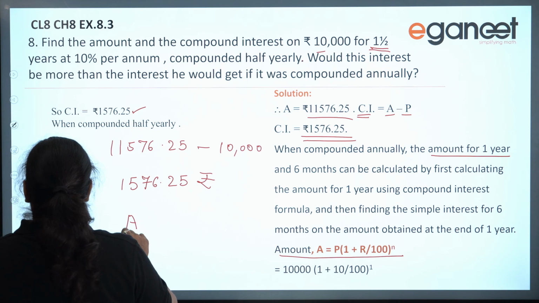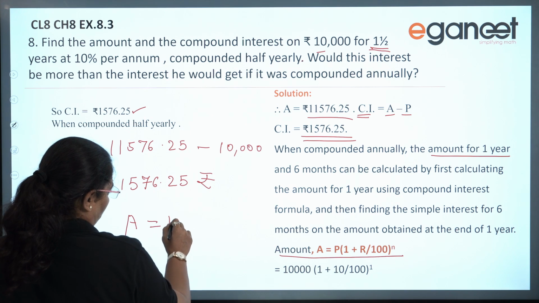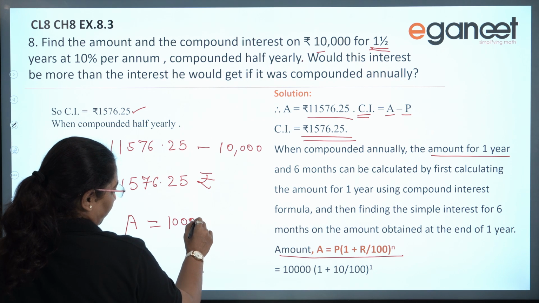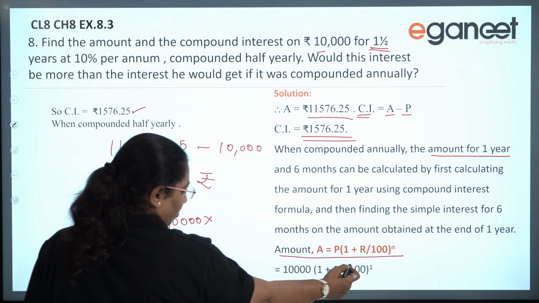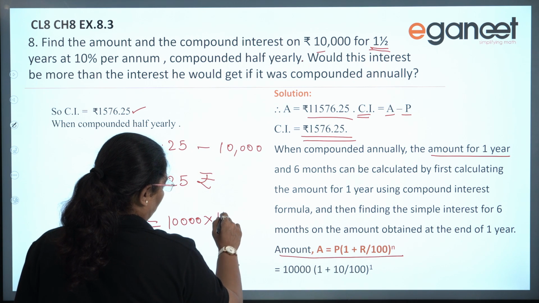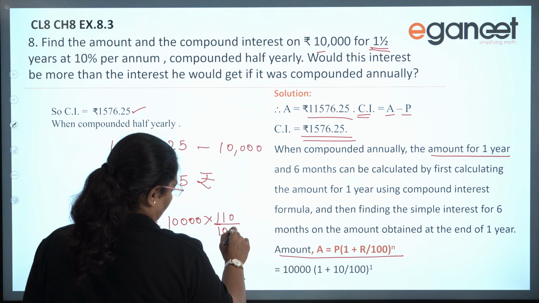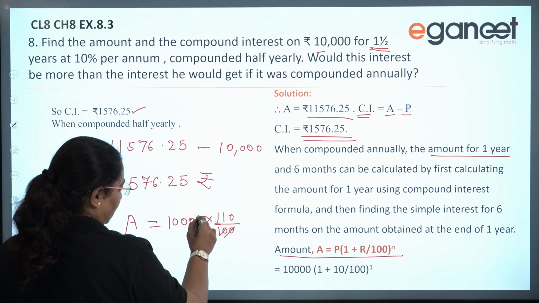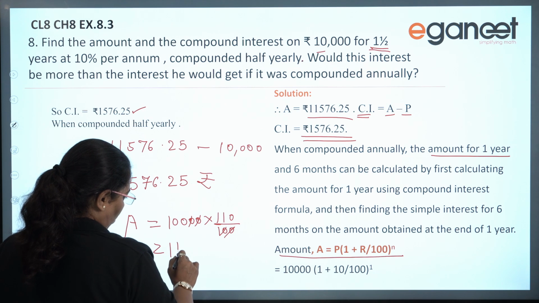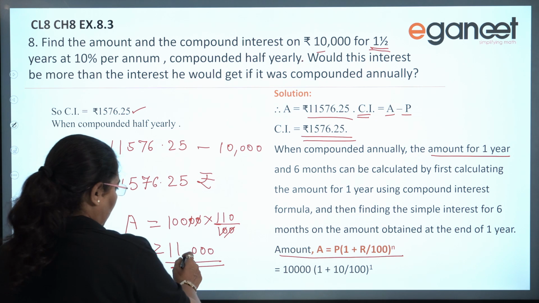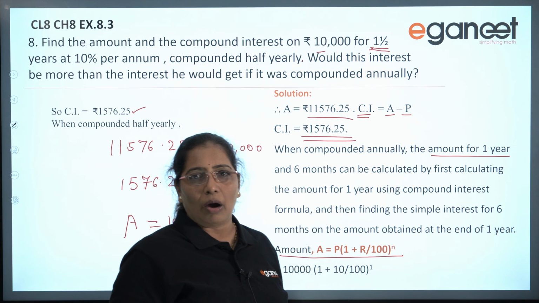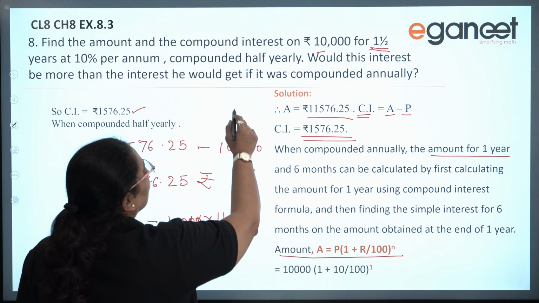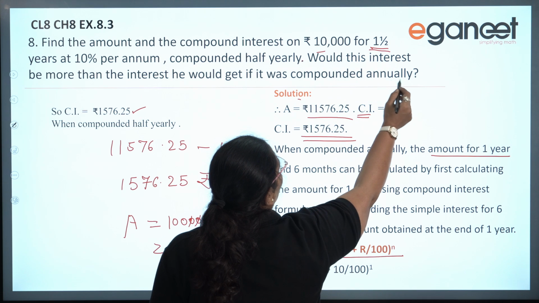The amount will become equal to 10,000 into 1 plus 10 by 100 raised to 1, which is equal to 110 upon 100. So I will just cancel this. This is equal to 11,000. So this is the amount after 1 year when the 10,000 principal is compounded annually.